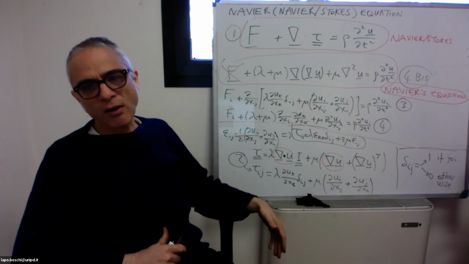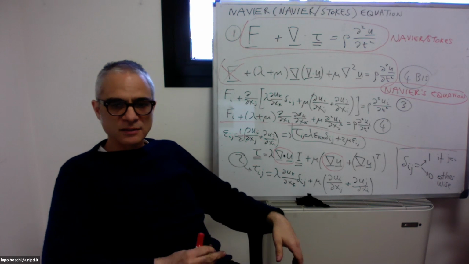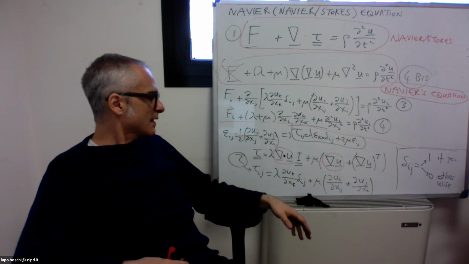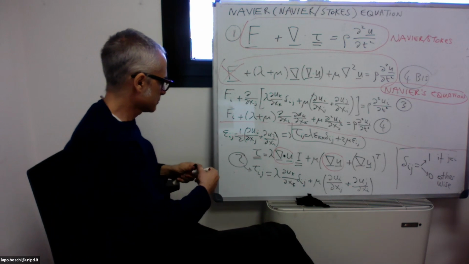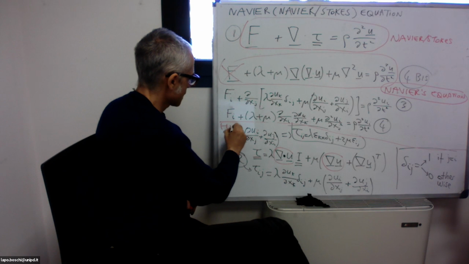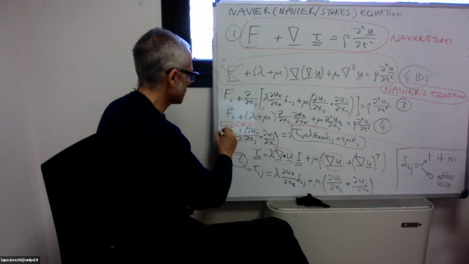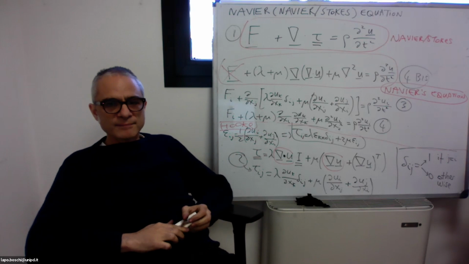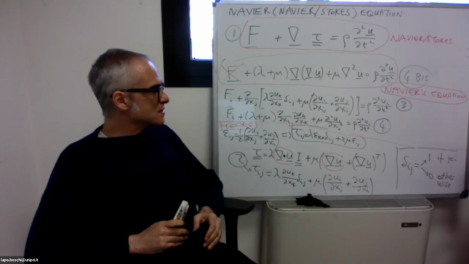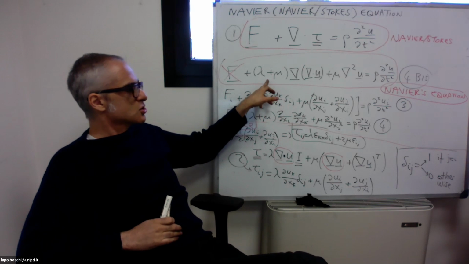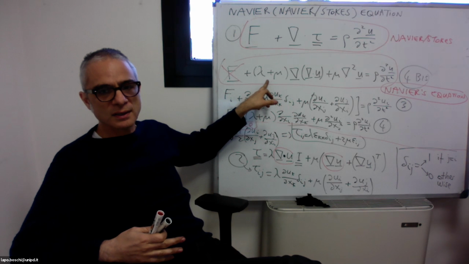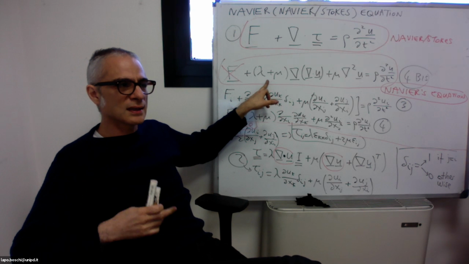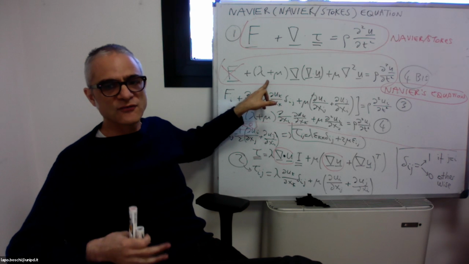I, and probably most of your teachers in the past and in the future, tell you that Hooke's law is an experimental law, okay? It's true, but it's interesting to know that this equation was not derived in that way the first time around.